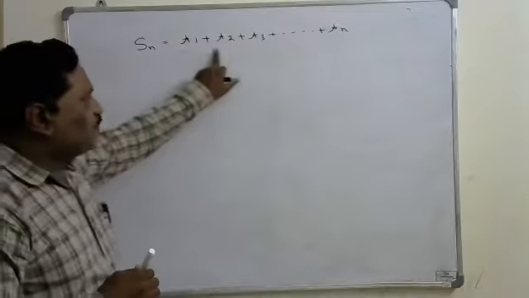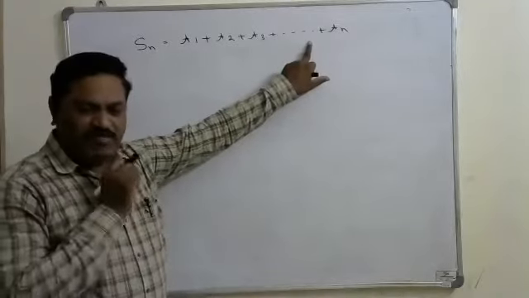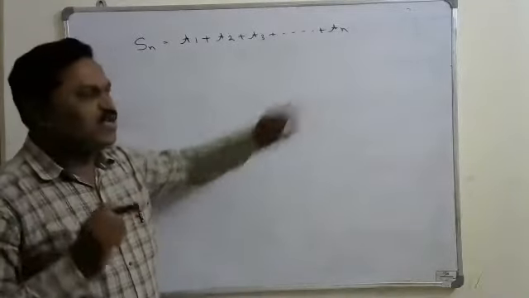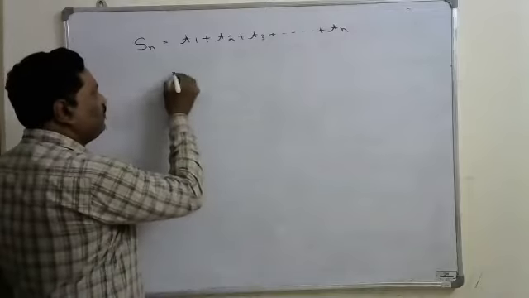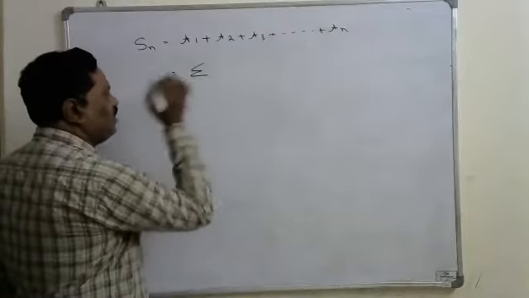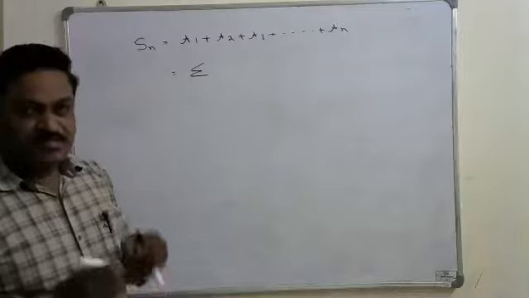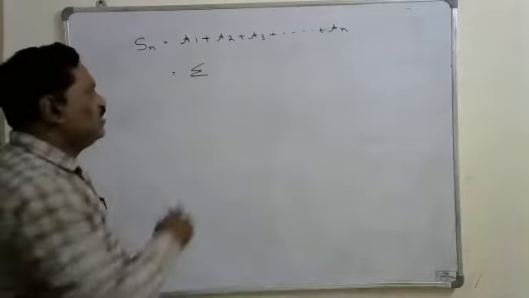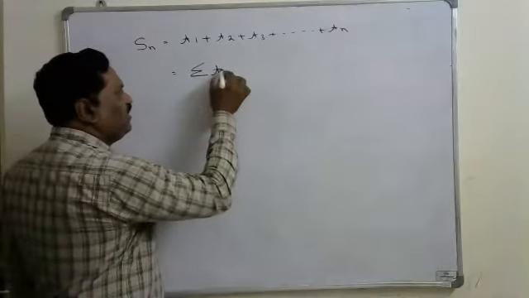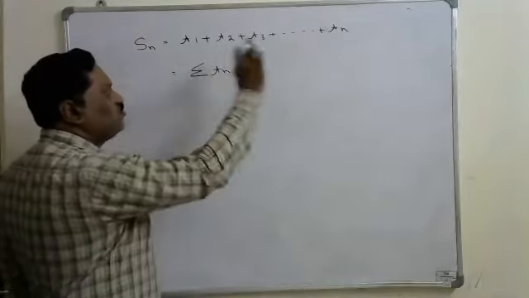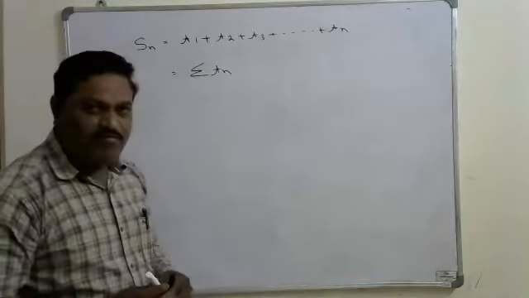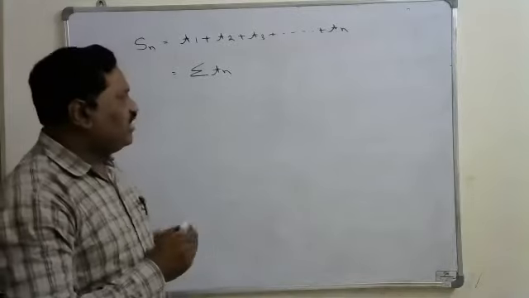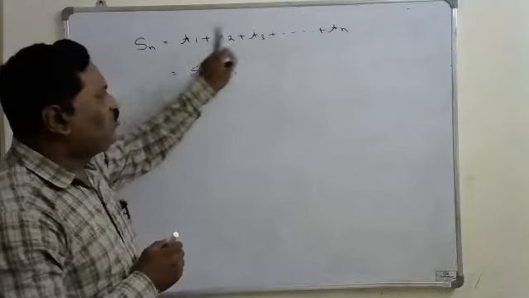Since this is a summation, whenever the sum of terms is there, we represent it by the symbol called sigma. So with the sigma symbol we will represent the sum of all these terms. That is sigma Tn, where n varies from 1 to n.